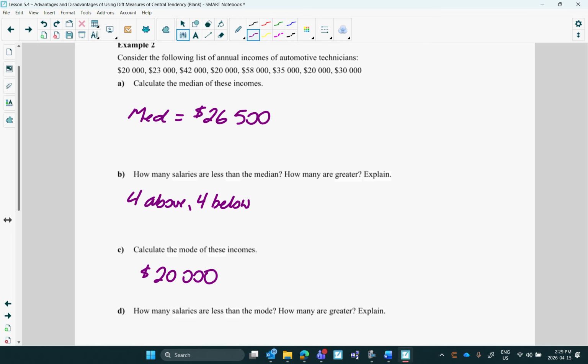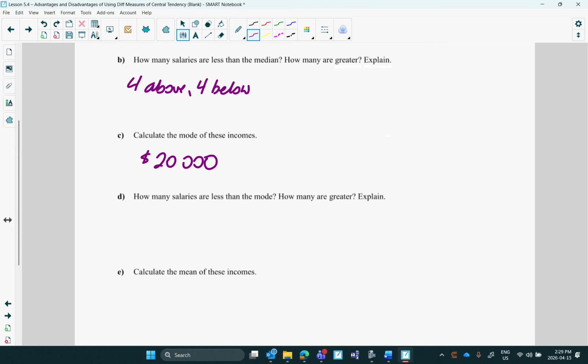Well, there's none less, and there's 1, 2, 3, 4, 5 greater. None less, 5 greater. Definitely not a good measure of center. It's definitely tilted.